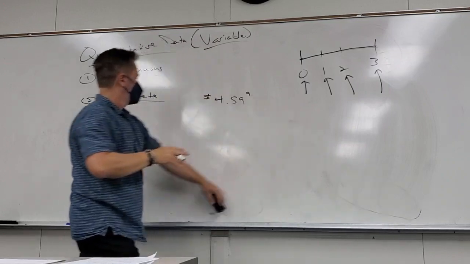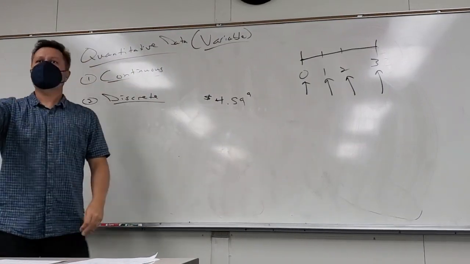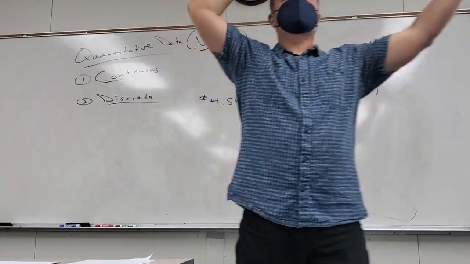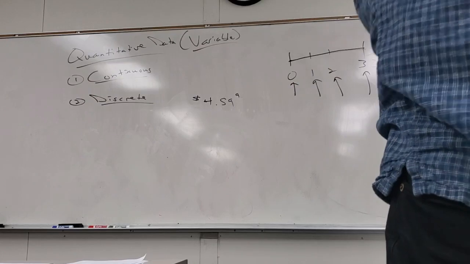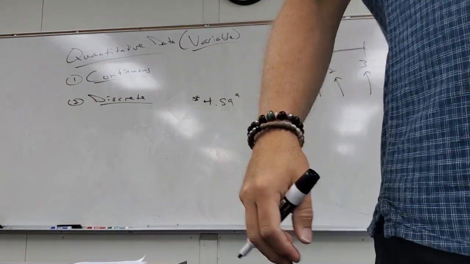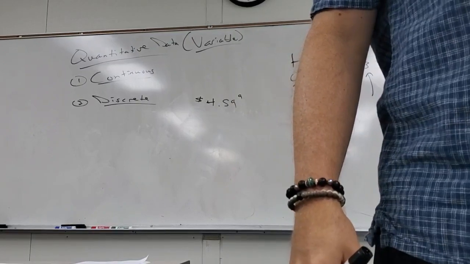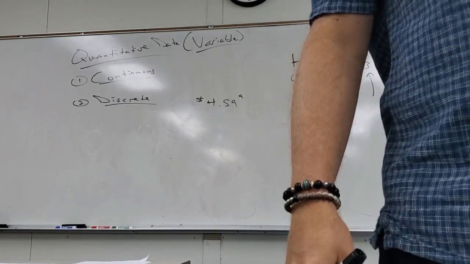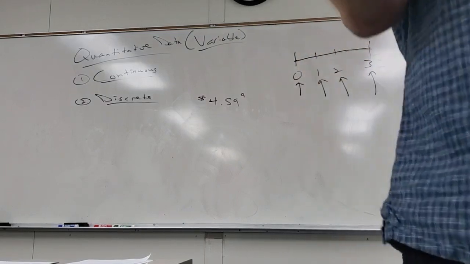Okay. So continuous, it could be any number of digits. So if I tell you I live 10 miles from here, what kind of variable was that? Nope. What could it be? Any number. Why did I say 10? Because I'm not that big of a freak.